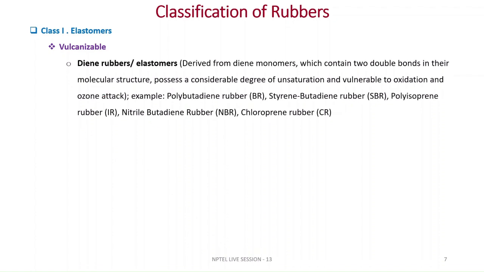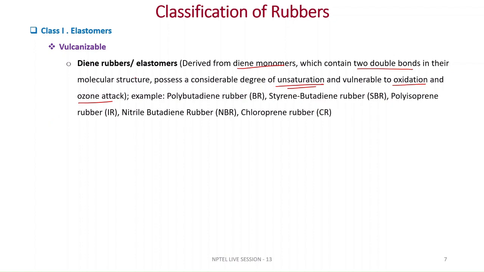Among these, diene rubbers or diene elastomers are derived from diene monomers. Diene monomers have two double bonds in their molecular structure, and they possess a considerable degree of unsaturation. They can be vulcanized and are very vulnerable to oxidation and ozone attack.